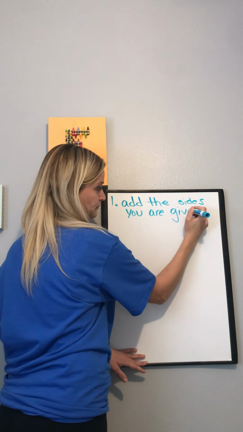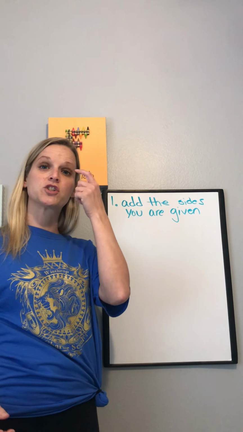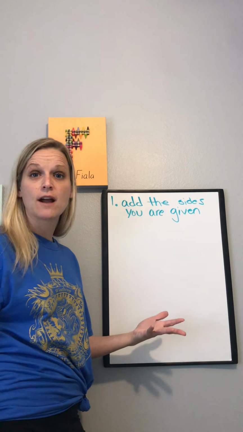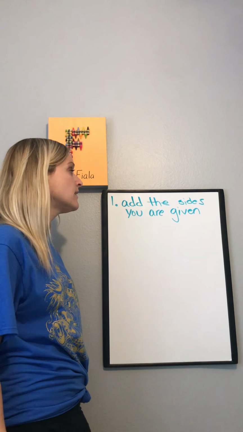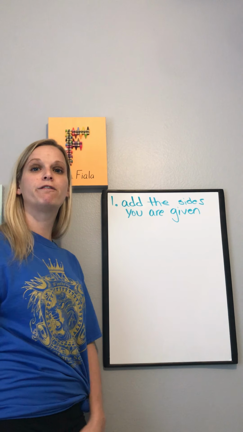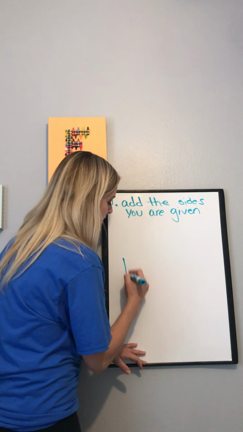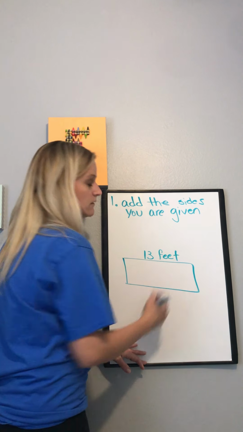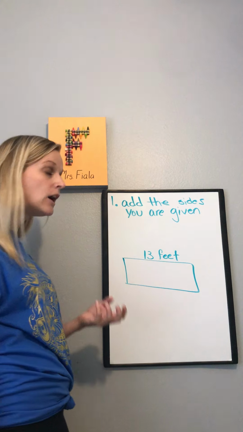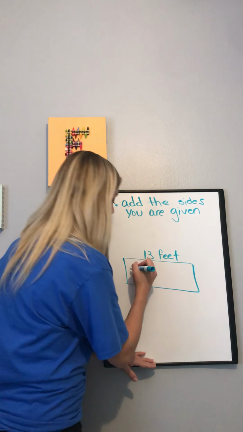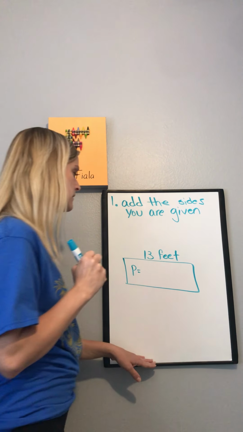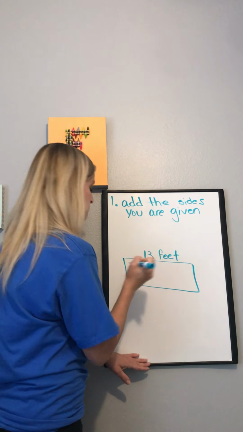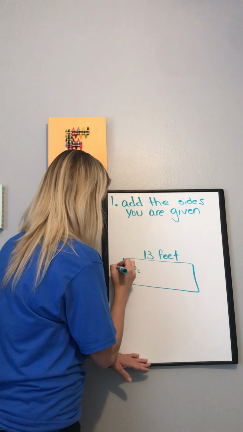For example, you might be given a question that says, I have a backyard, I want to put a fence around it. The length is 13 feet of my yard. So I am telling you that the length is 13 feet, okay? I'm going to tell you that the perimeter is, let's say 3 feet.